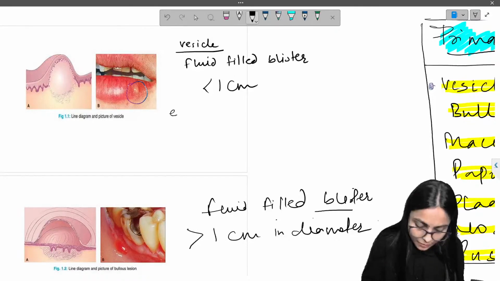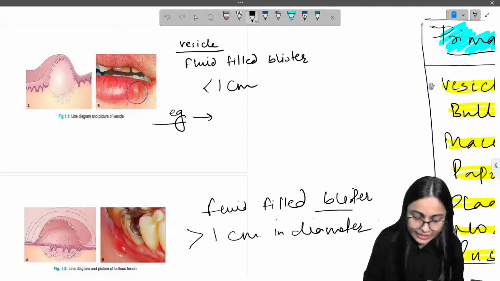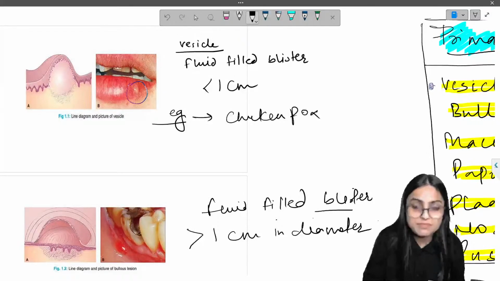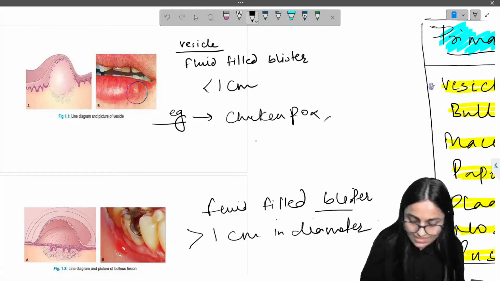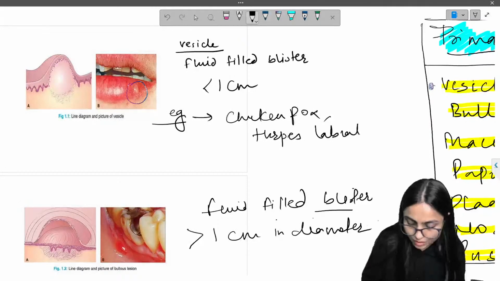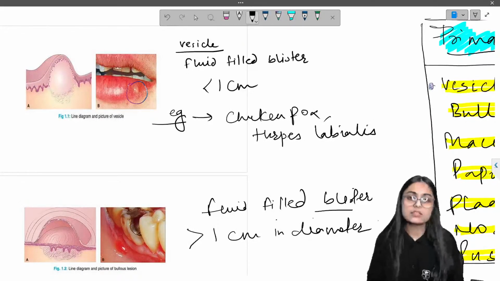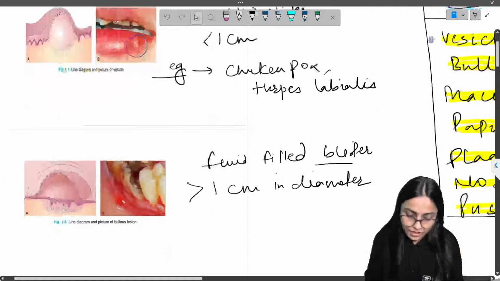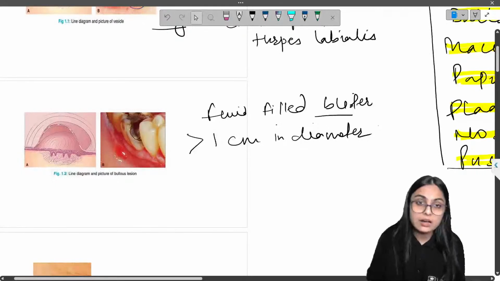So, for example, in chicken pox you will see vesicles. We have the example of herpes labialis, where also you can see these vesicles. Then bulla.